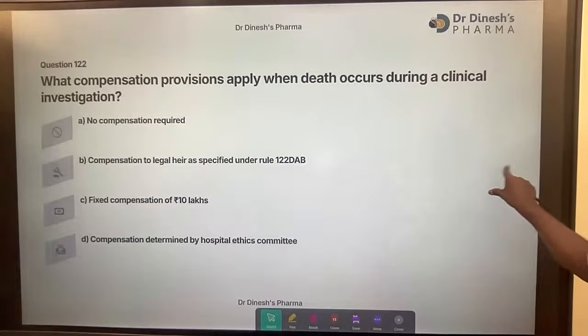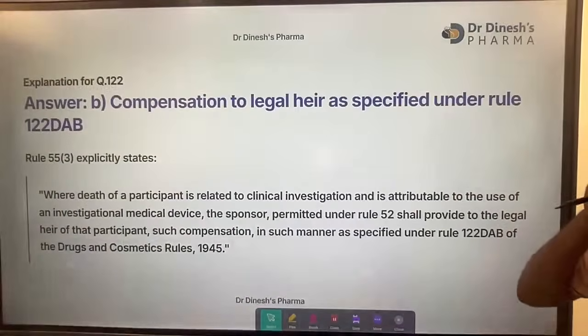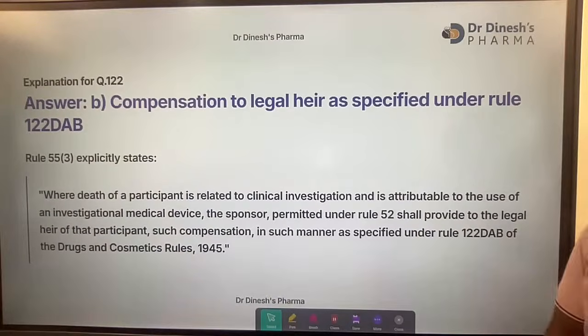Okay, the right answer is 122 DAB, which is in Part 6 of the D&C Act. According to that, where a death of a participant is related to clinical investigation and is attributable to the use of an investigational medical device, the sponsor permitted under Rule 52 shall provide to the legal heir of that participant such compensation in such manner as specified under Rule 122 DAB of the Drugs and Cosmetics Act rules.